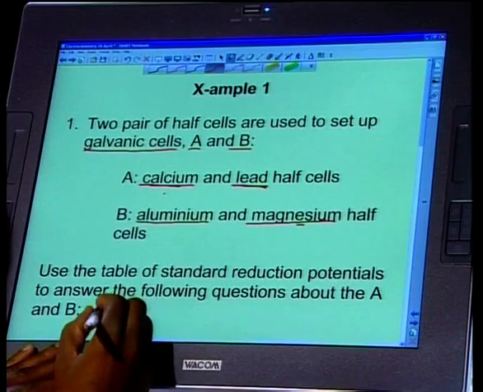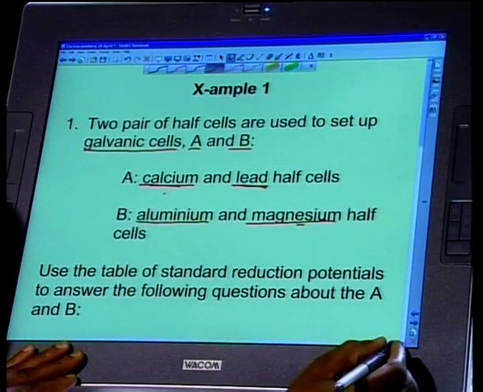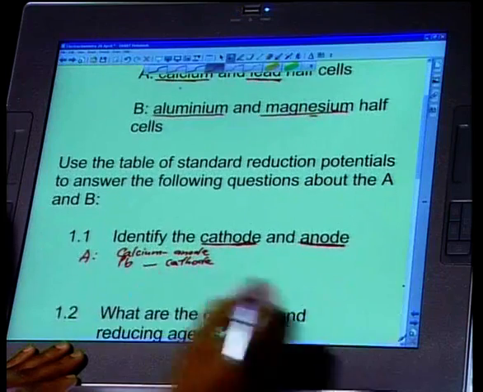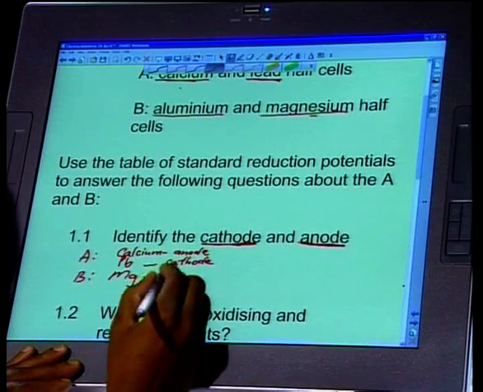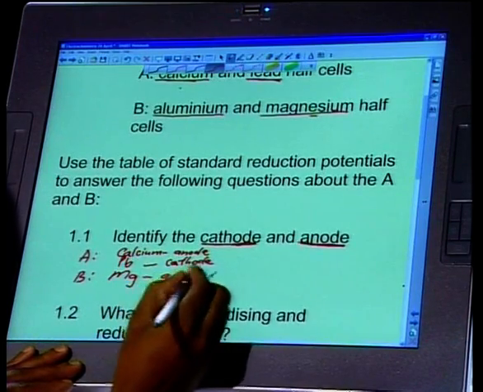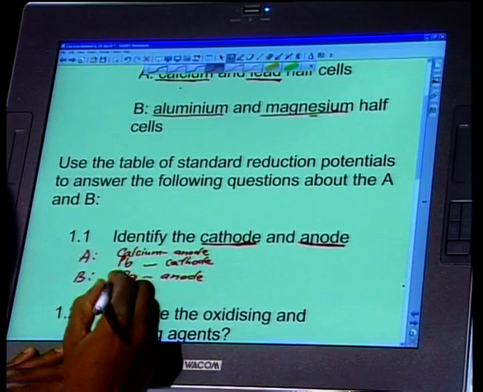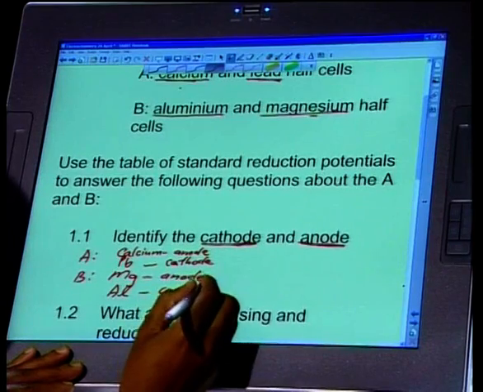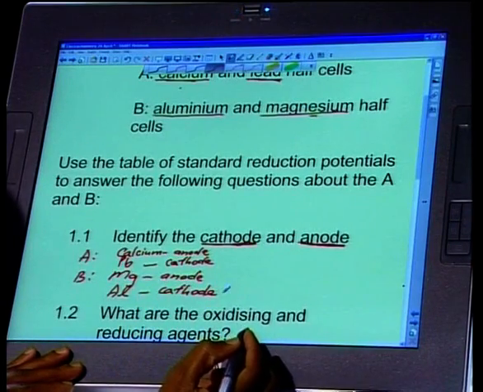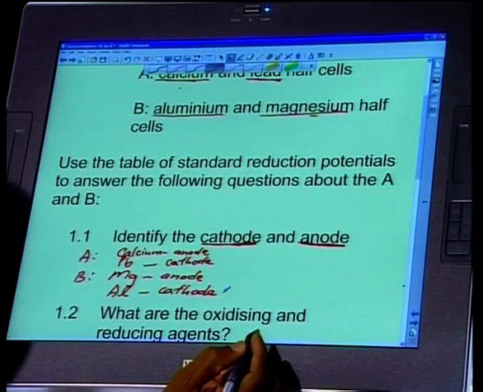Because magnesium will be the one that is going to lose electrons, we would have for B magnesium, Mg, being the anode, and then aluminium being the cathode. That's where reduction is going to take place.